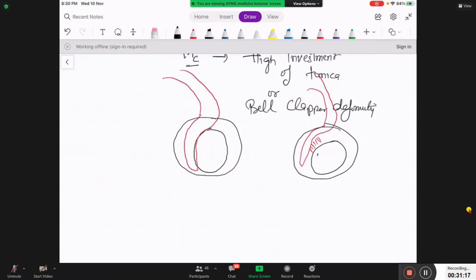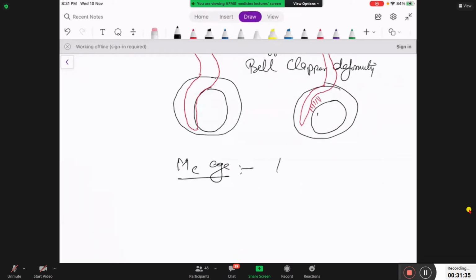But just by having this kind of a testis doesn't mean that it is going to rotate. There are going to be predisposing factors for testicular torsion. First of all, the most common age of presentation is young individuals.